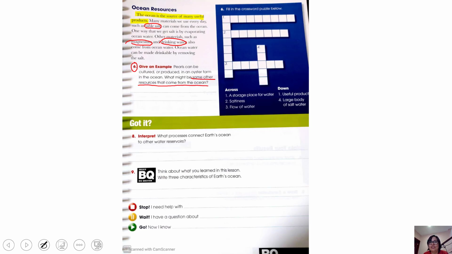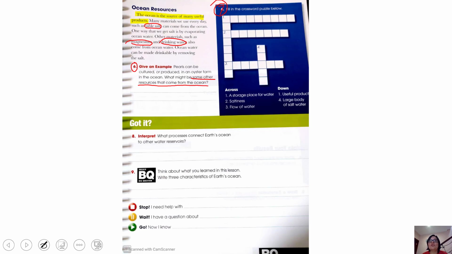What else do we get from the ocean, besides table salt, because we already have water, we already have magnesium? What else can we get from the ocean? So that is for you. Investigate, ask your parents and answer. Then, well, it has to be number 7.